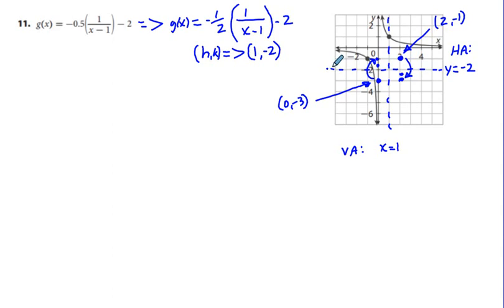So now this one here becomes 0, comma, -1.5, or -3/2.